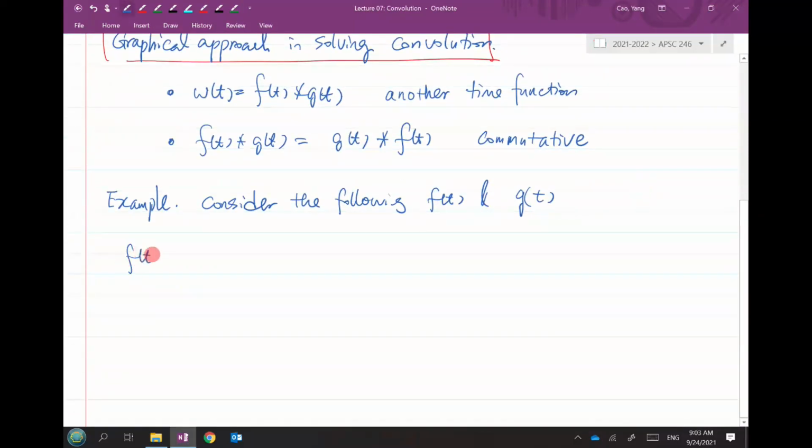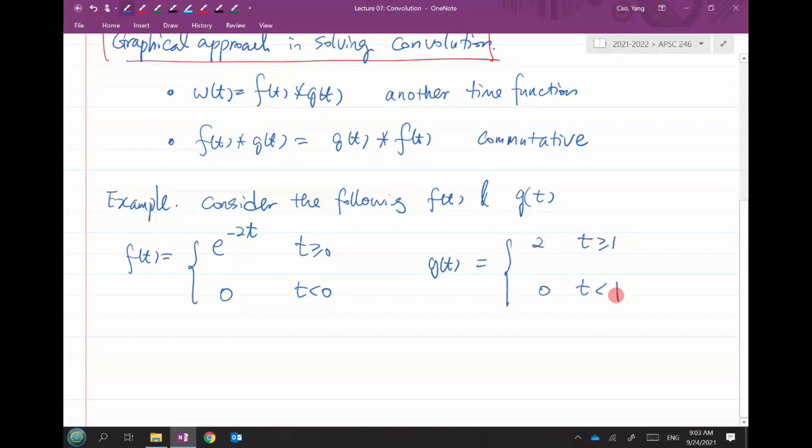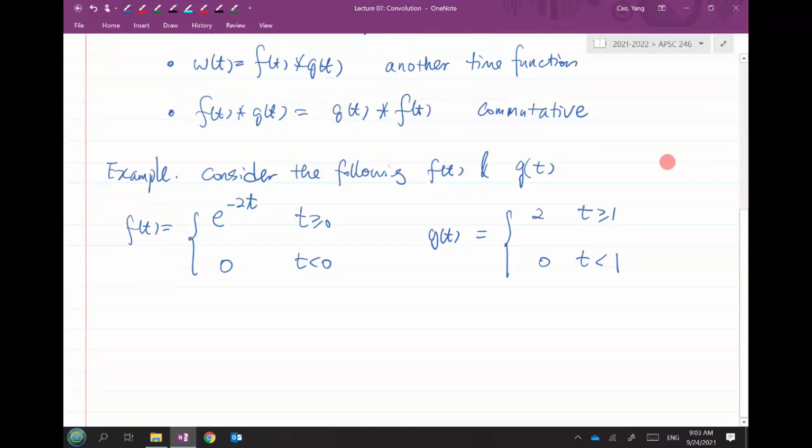This is the function given for f of t, and g of t is given as 2. Those are the two given time functions, and we are going to calculate the convolution of f of t and g of t.